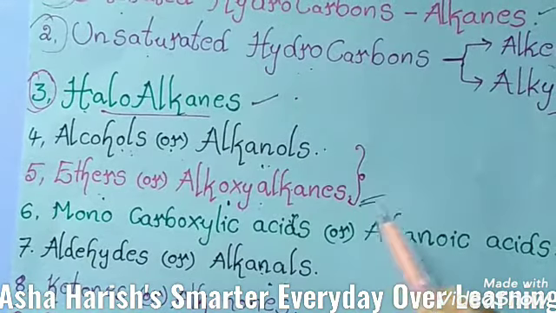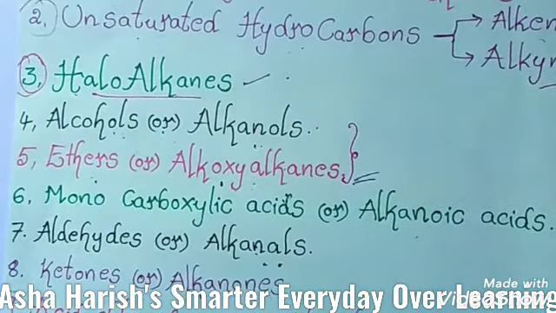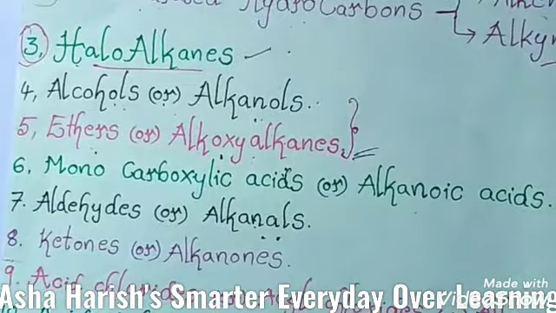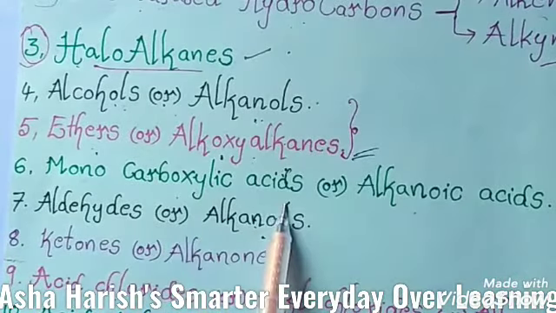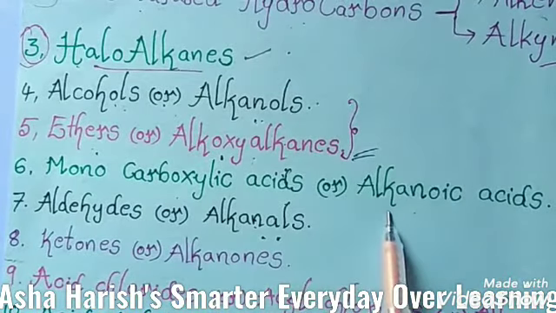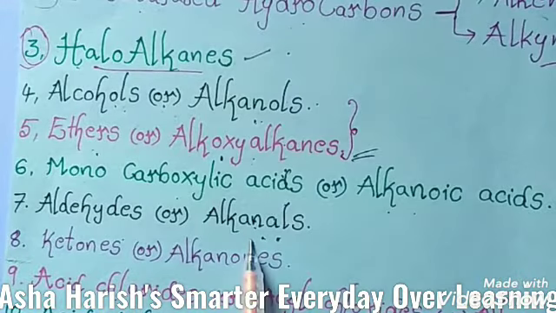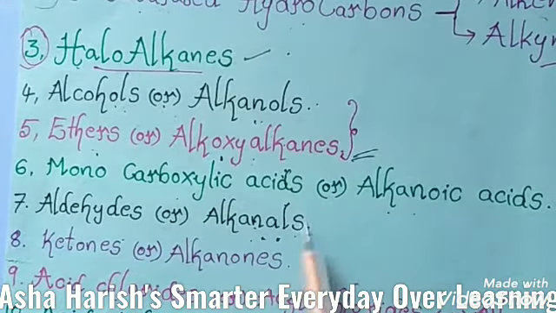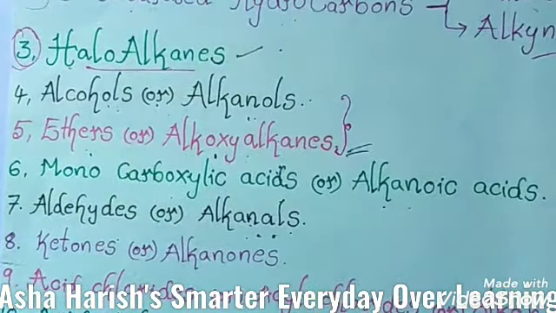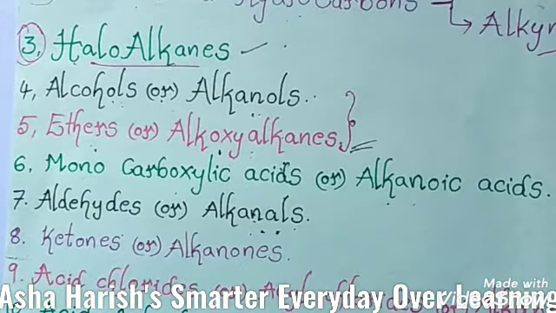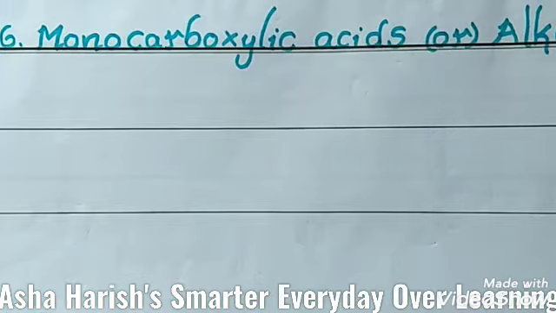Five categories completed. And now in this session we are going to learn about monocarboxylic acids, or alkanoic acids, and the next one is aldehydes or alkanals. About these two you are going to learn in this session. Right, so let's get into the class.